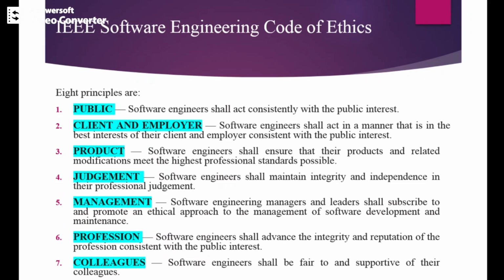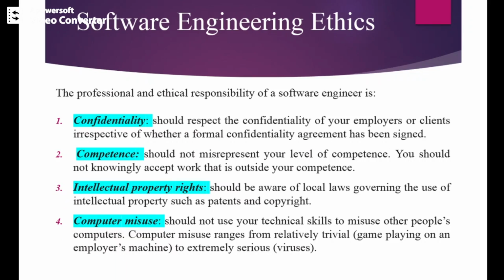Now, here we are going to see the IEEE standard. Earlier, in general, we were talking about the professional and ethical responsibilities of a software engineer: confidentiality, competence, intellectual property rights, and computer misuse.